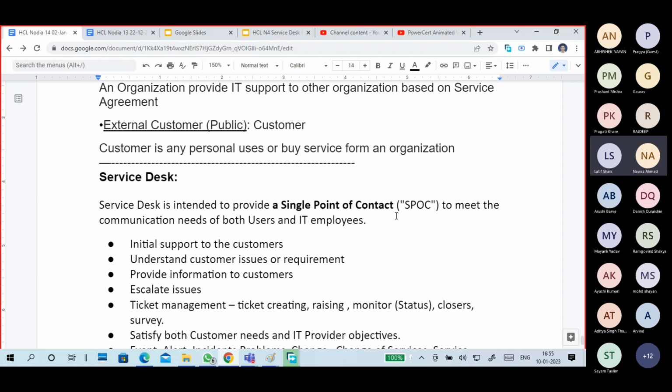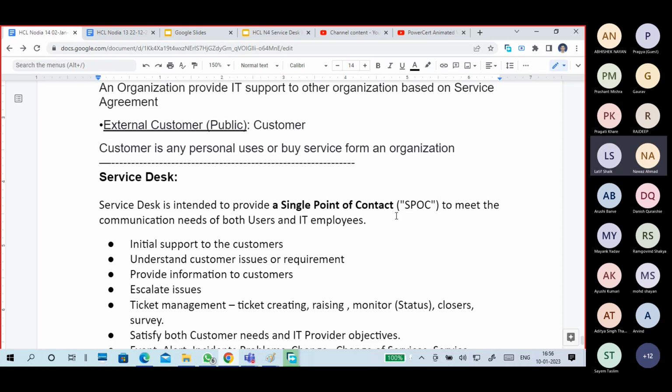If a customer, user or client has an issue, an inquiry, wants to report an issue, has a query, or wants a change of services, they cannot approach the technical team directly. They cannot get service resolutions or solutions directly. So they have to approach the service desk. The service desk will manage both things, what the customer needs, and a ticket will be created that goes to your IT employees.